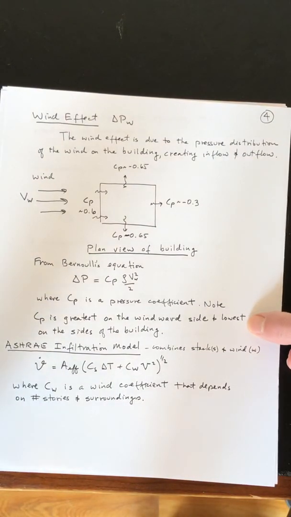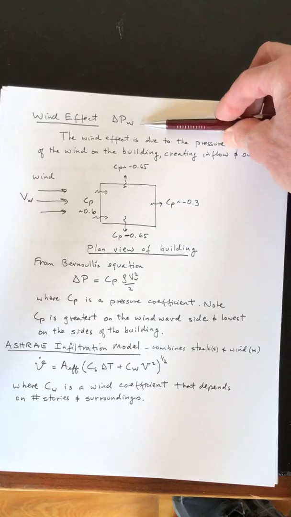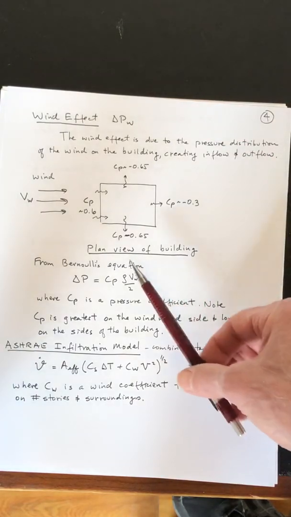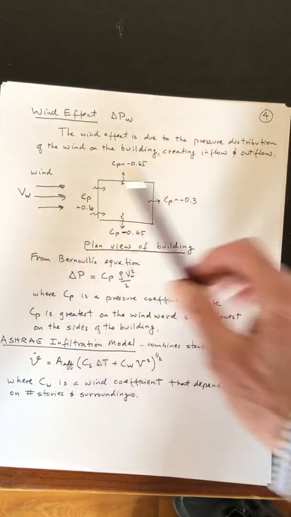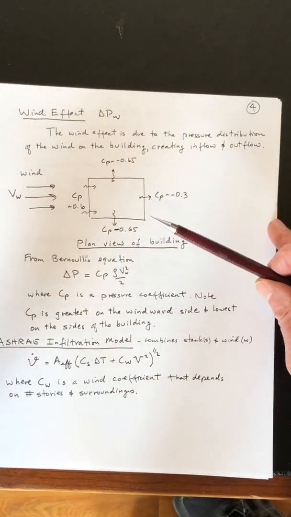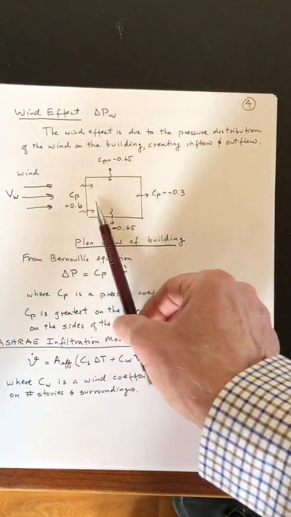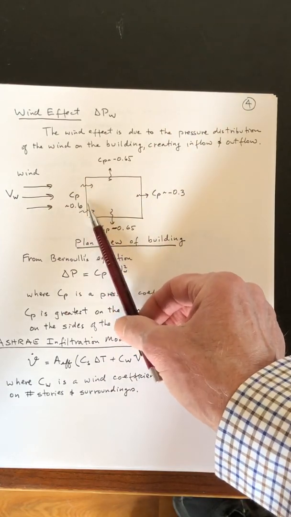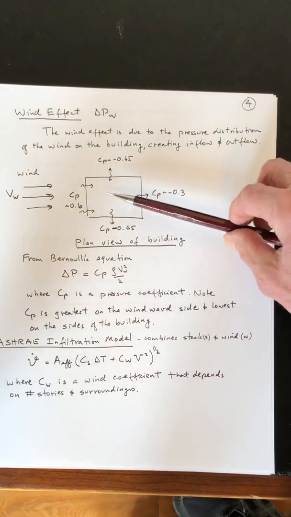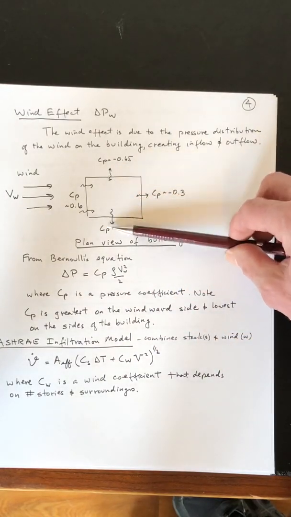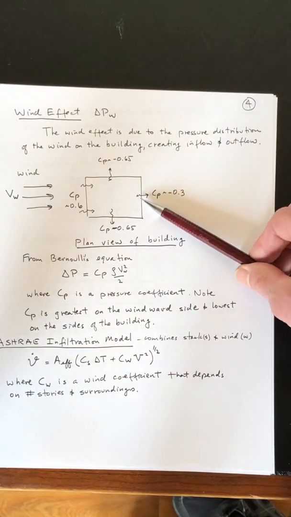Finally, we look at the wind effect. Here's a plan view, or a top view, of a building with the wind coming in from the left. It stagnates, creating a high pressure on the left side. The flow is into the building, and then the flow leaves either at the sides or the lee side of the building.